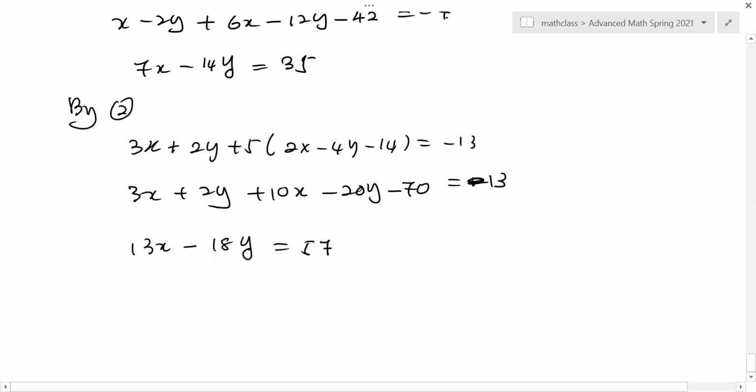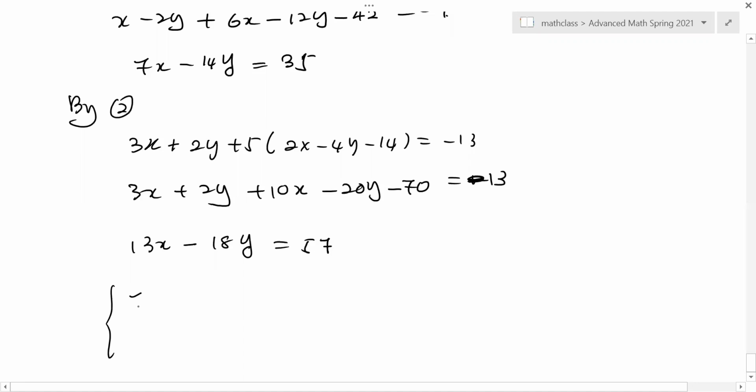So now we have a trouble, right? We have two equations. 7x minus 14y equals 35. 13x minus 18y equals 57. So those are the two equations. I call it equation 4, equation 5.